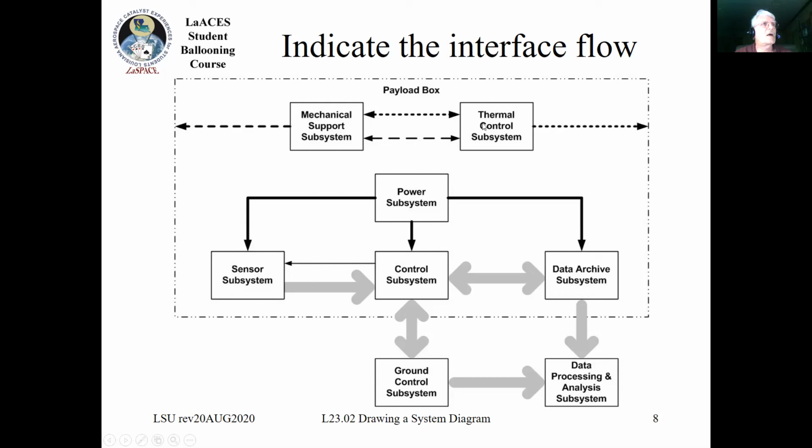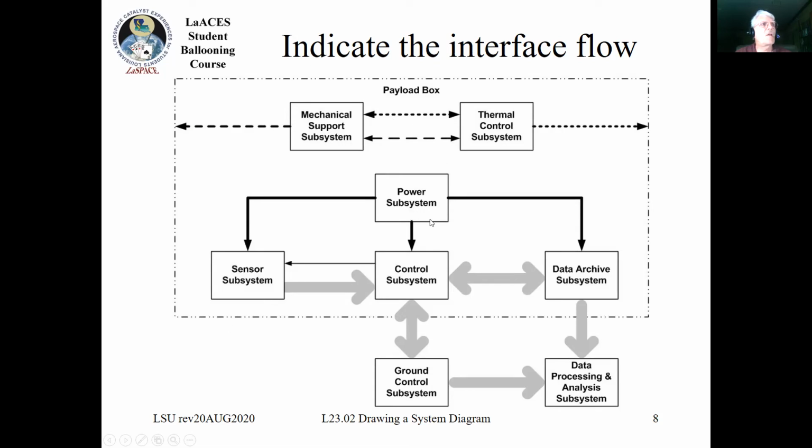Likewise, the thermal control system has a thermal interface to your payload. There's obviously some interaction between thermal and mechanical, et cetera. So this is drawn here just to illustrate. Obviously, the mechanical support would be involved with all of these things too.